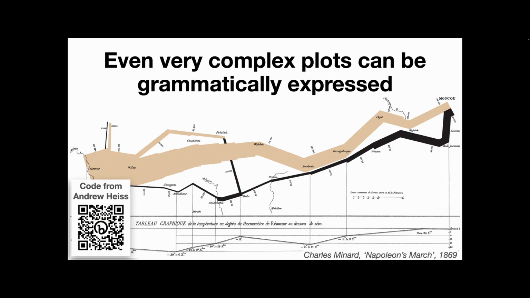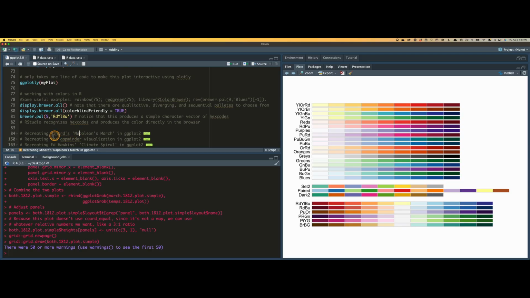We're just going to use his code exactly, so acknowledgments to Andrew for going through the work of converting this into ggplot2 code. At the bottom of your script, you'll see 3 different code chunks, each recreating one of the sort of seminal data visualizations that I talked about earlier.